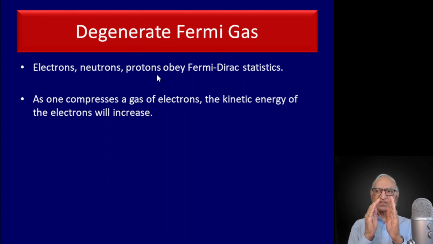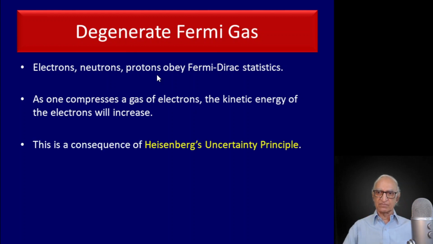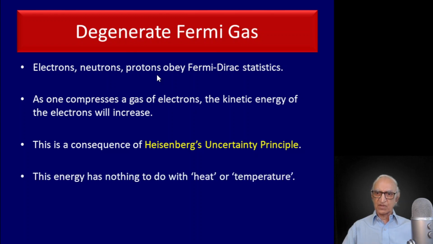As one compresses a gas of electrons, the kinetic energy of the electrons will increase because of Heisenberg's uncertainty principle. This is a direct consequence of Heisenberg's uncertainty principle, which says that delta P times delta X must be greater than Planck's constant divided by 2.